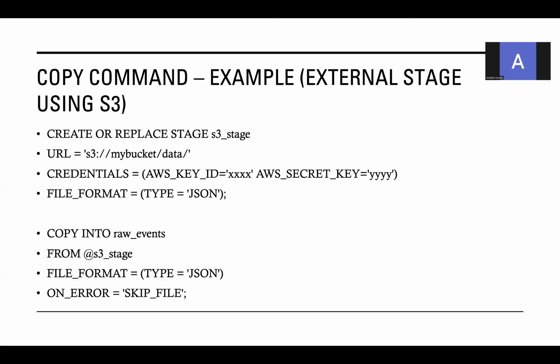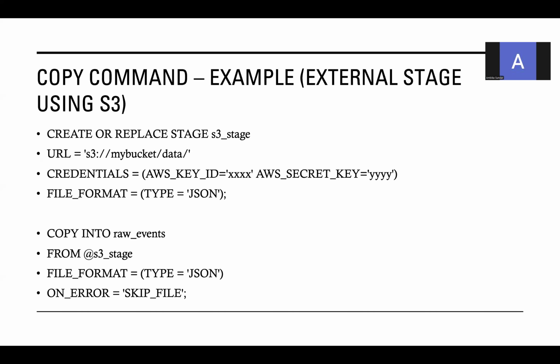So what are the things for the external stage? First you create the stage, have the URL for this S3 bucket, then the credentials, that is AWS credentials for this S3 bucket, and then the file format, that is JSON file. Now you know, for creating the external stage for the external cloud storage, you need the URL, credentials and file format.